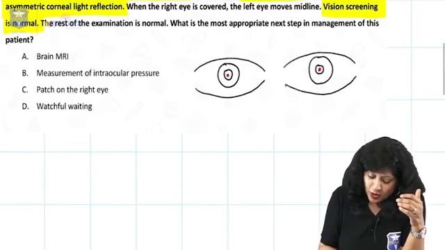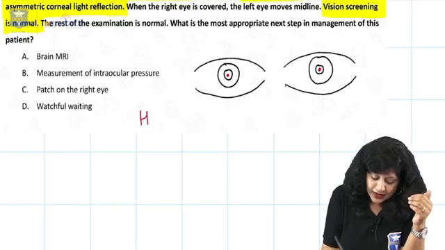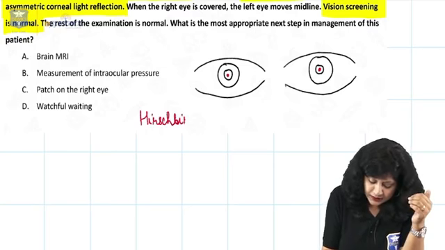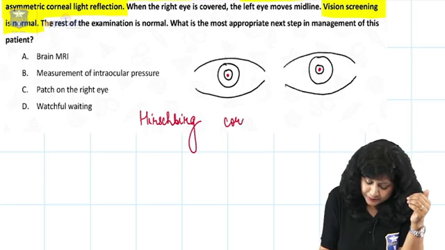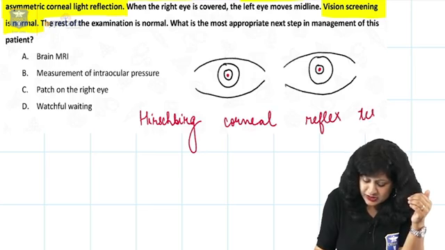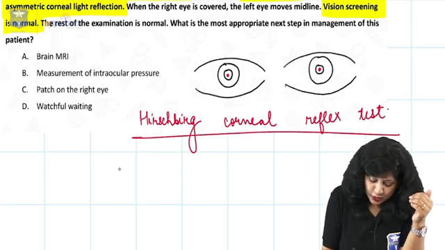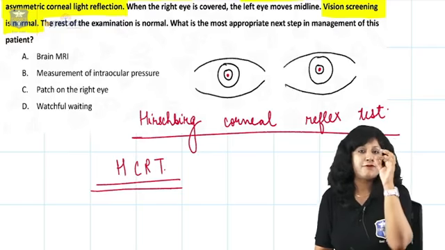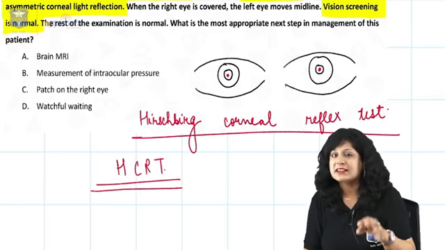On this basis, we do the Hirschberg corneal reflex test. So this test is based on this finding. It is also called the HCRT test, where normally these reflexes should lie just in the center.